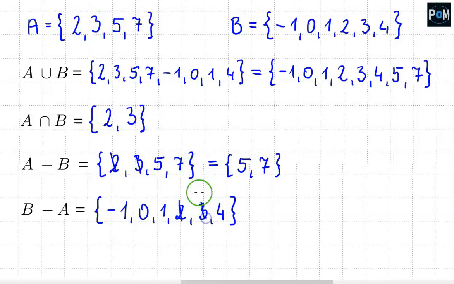So I take it out. I would have to remove a 5, but it's nowhere to be found here, so there's nowhere to remove it from. And I would also have to throw out the 7, but there's nowhere to throw it from. So here my subtraction ends. I'm writing it down again in this version without the crossed out numbers. Thus the difference of sets B minus A contains 4 elements, -1, 0, 1, and 4.